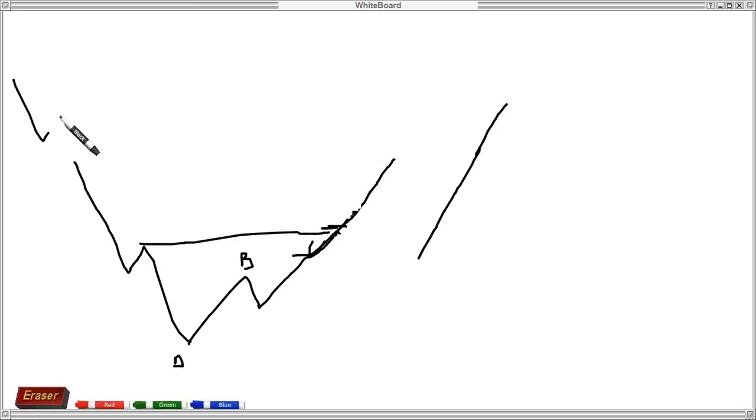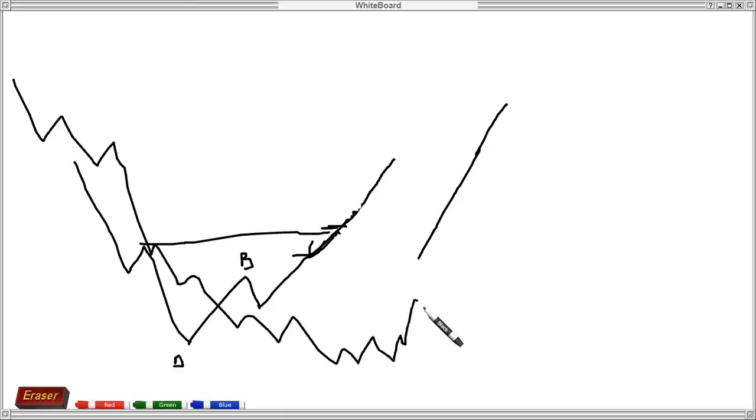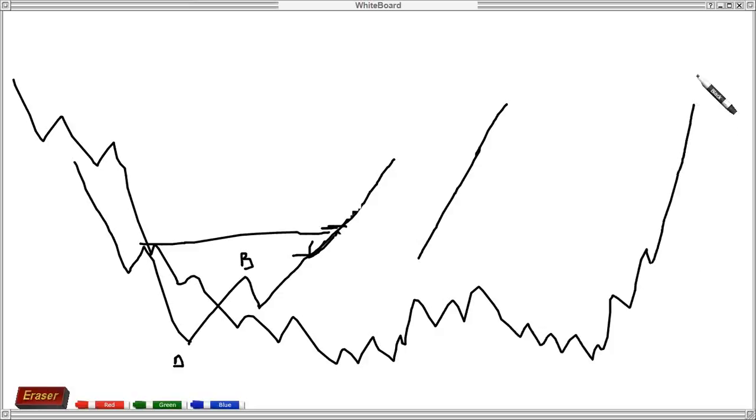So you may have a market that came down like this and started, but this resistance over here was, let's say this is the daily chart, 4 or 5 years ago, while it's making new highs here.